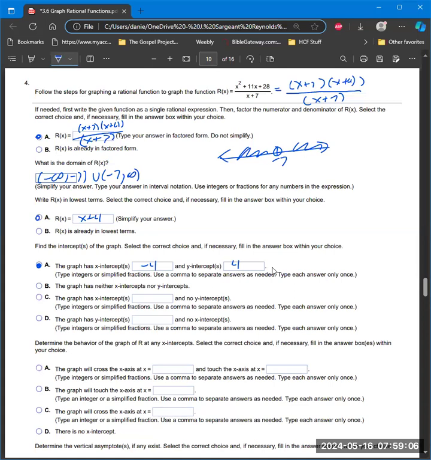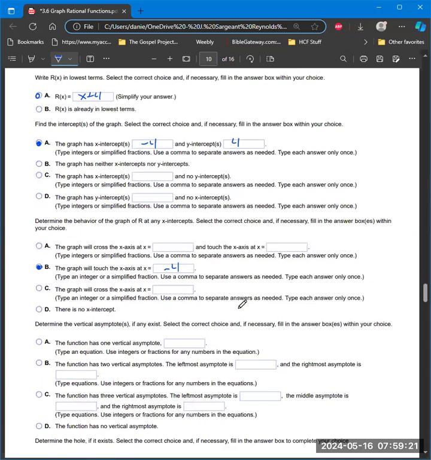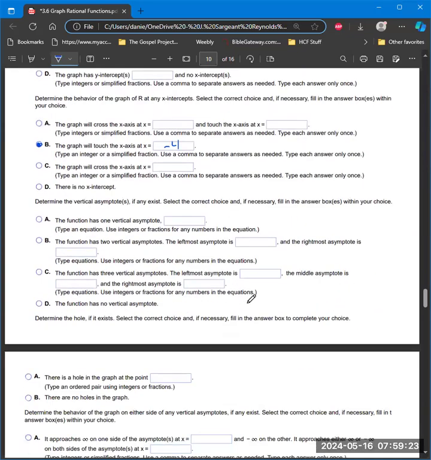Then the graph will cross the x-axis at x equals -4. It's going to cross because that factor has an odd multiplicity. Vertical asymptotes, there will be none.